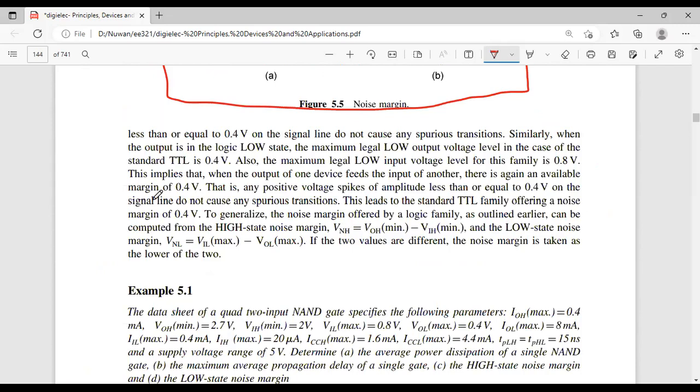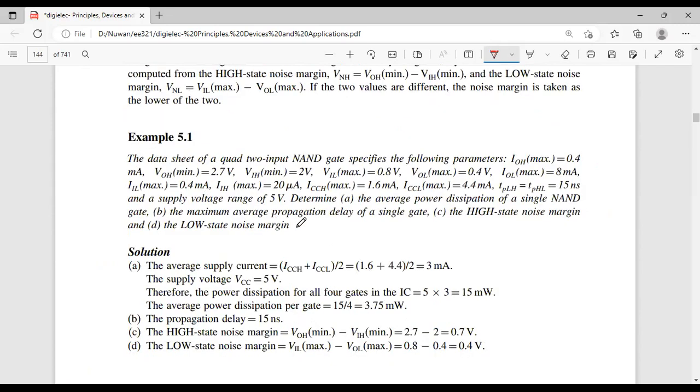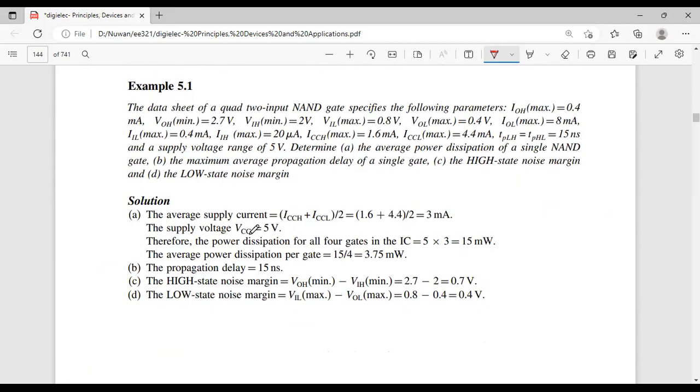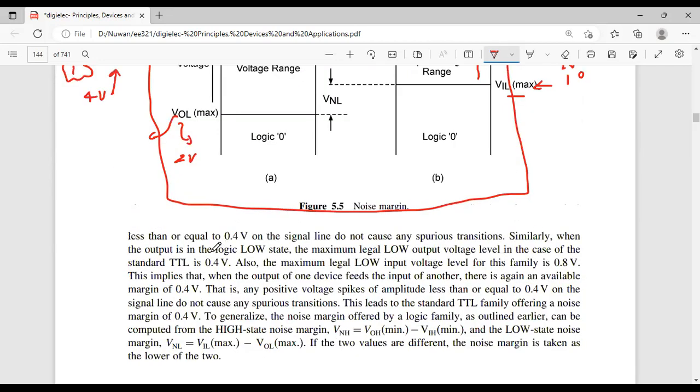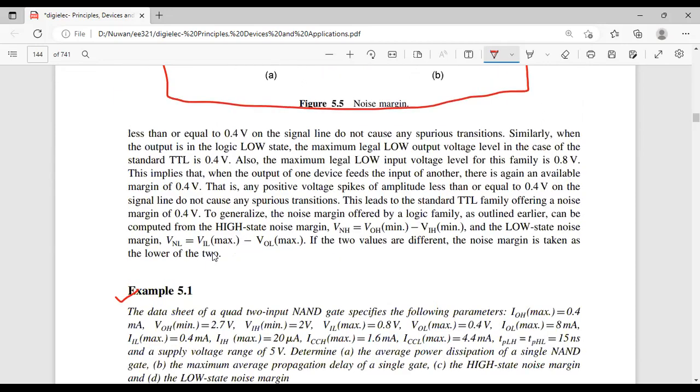Also, there are many parameters, so you may be asked to find the average power, average supply current, and supply voltage. I think you can do it; that one is very easy also. I think within 2 hours you can complete the paper. Is it okay?